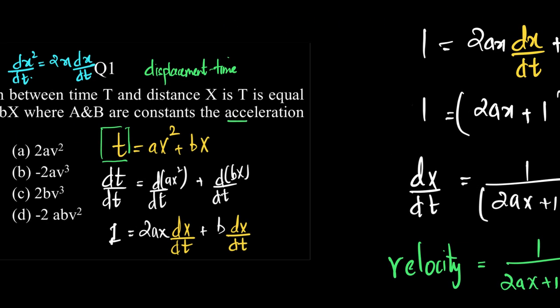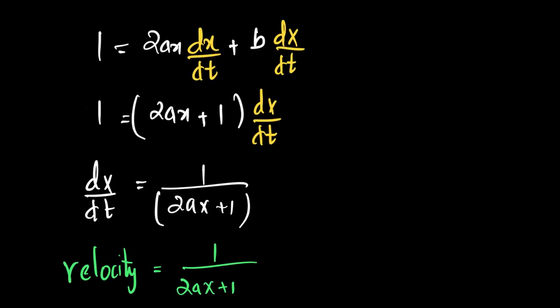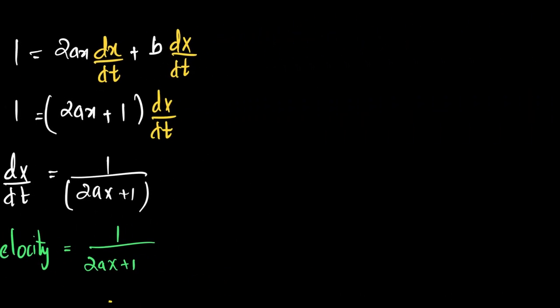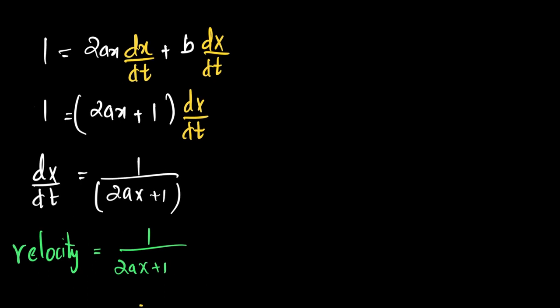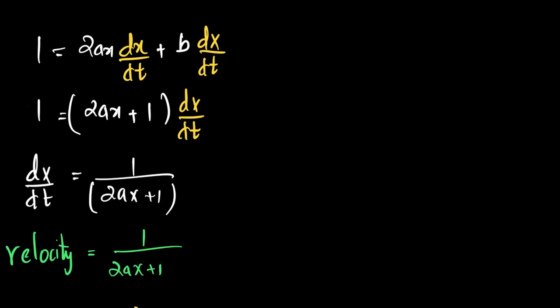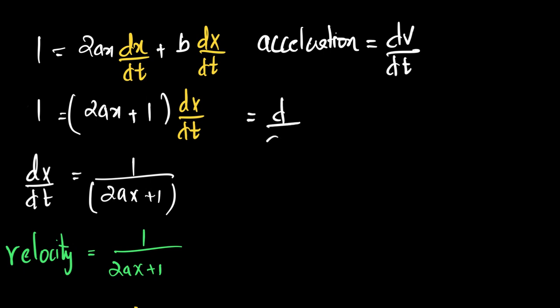The question is to find out the acceleration. Now, if velocity is 1 by (2ax + b), what can we say about acceleration? Acceleration would be the rate of change of velocity, which means it should be the derivative of 1 by (2ax + b).